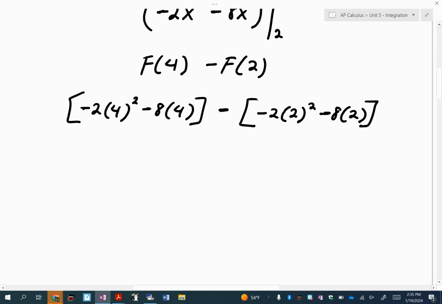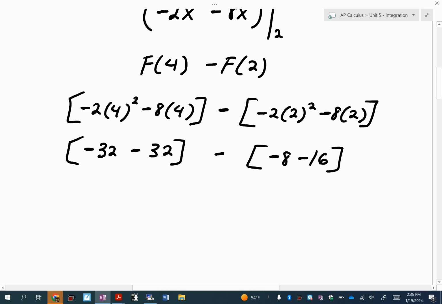Okay, 4 squared is 16. 16 times negative 2 is negative 32, minus 32. 2 squared is 4. 4 times negative 2 is negative 8, minus 16.